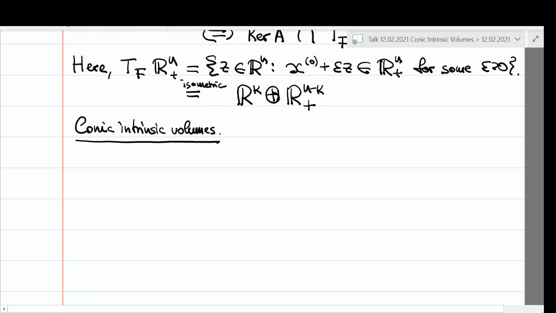First of all, we need to define what a polyhedral cone is. A polyhedral cone C is an intersection of finitely many closed half spaces.